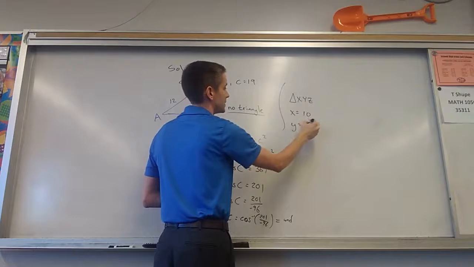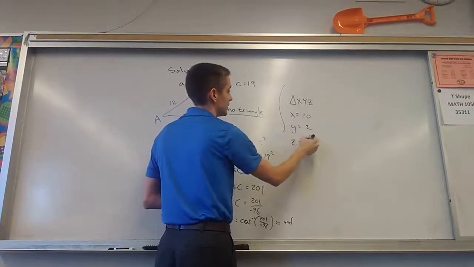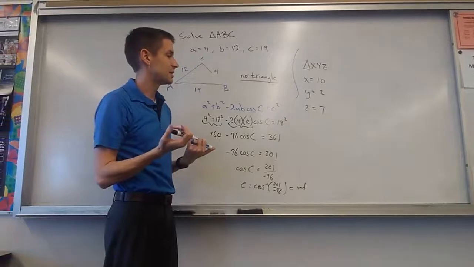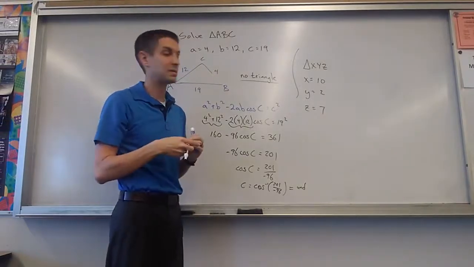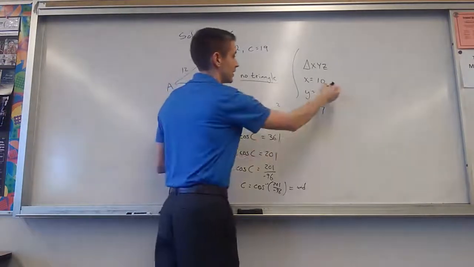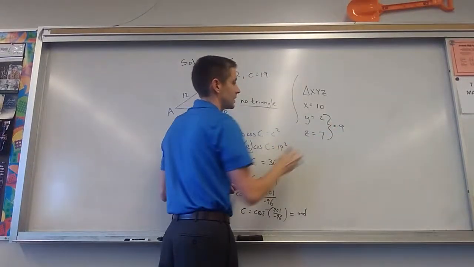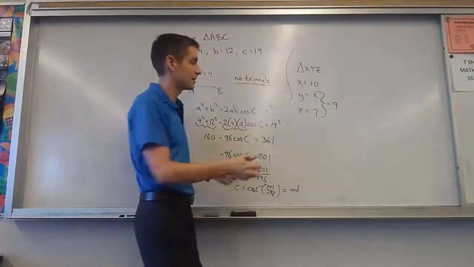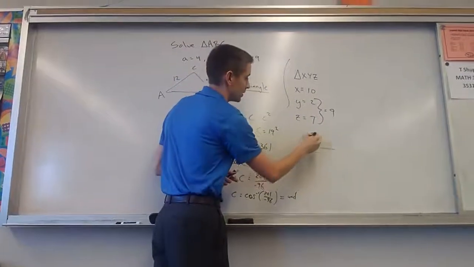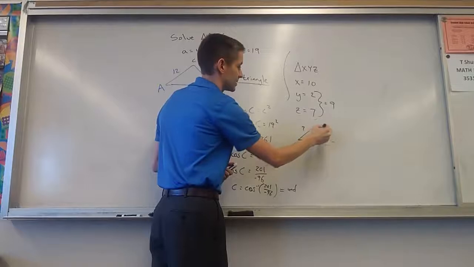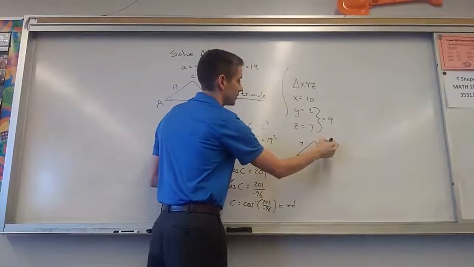Looking at those three sides, I can say that that's not going to be a triangle as well, because if I combine these two here, that's 9, smaller than 10. So I'm going to get this same situation where I've got a triangle that doesn't quite connect. I've got that 7, I've got the 2 here, and the 10 here is longer than the two of them combined. So I could also say that this is a no triangle case.